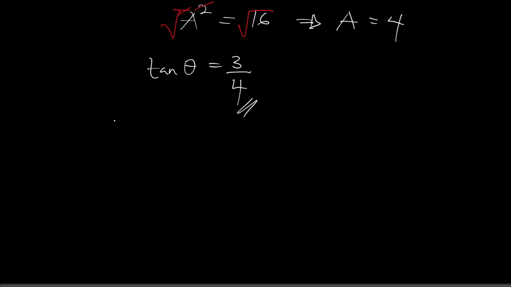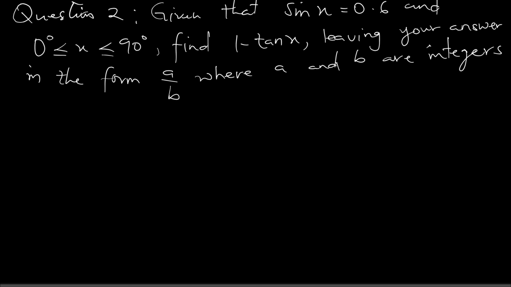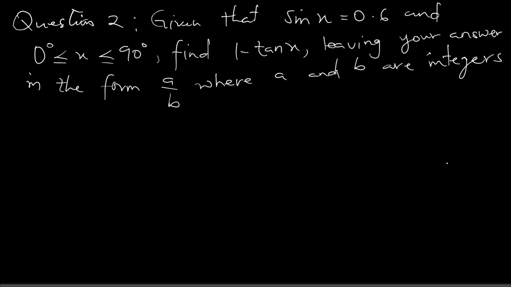So tan theta is equal to 3 over 4. Now let's take another question. Question 2. Given that sine x is equal to 0.6 and x is between 0 degrees and 90 degrees, find 1 minus tan x, leaving your answer in the form a over b, where a and b are integers.